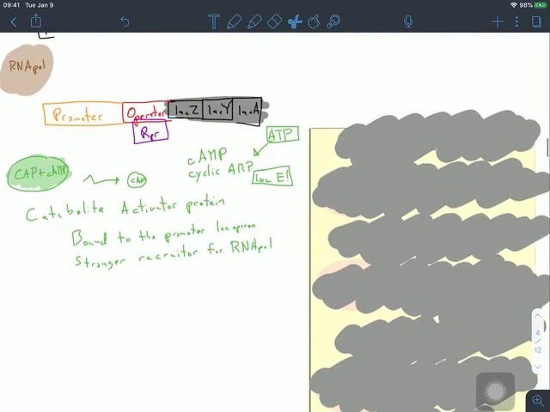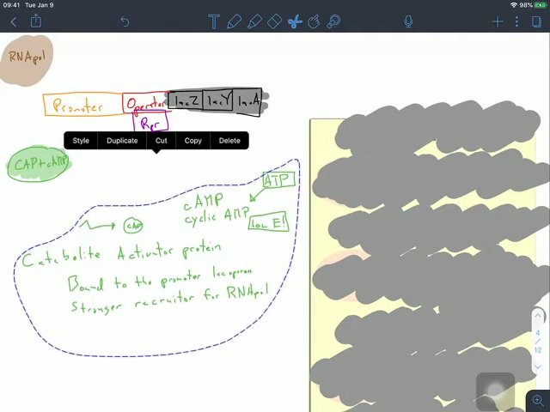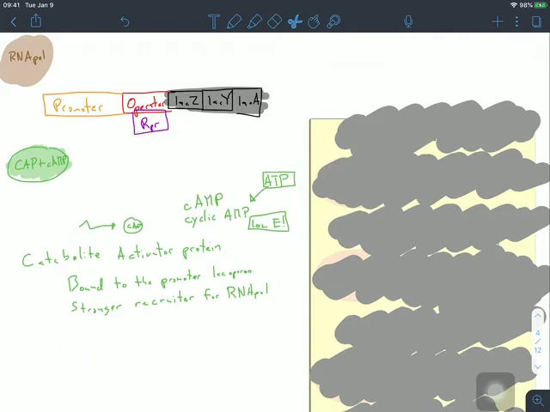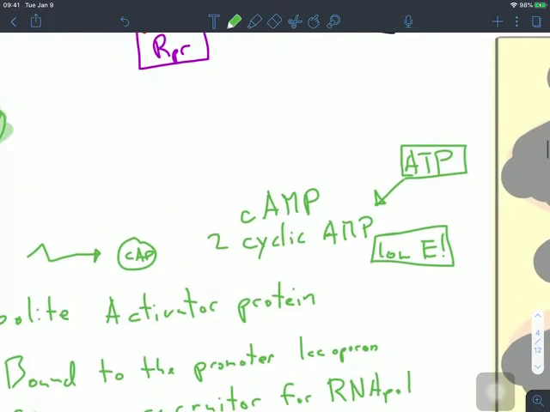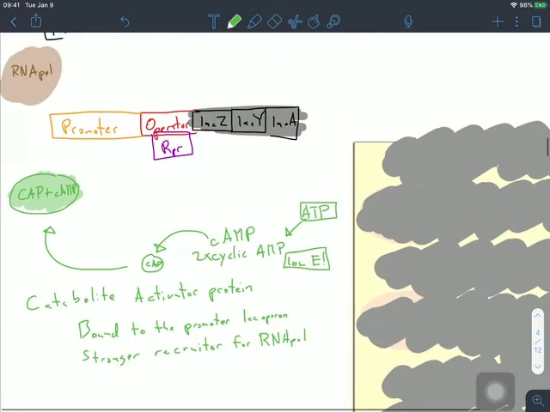You've got to get us some food, and fast. Now, just like with our tryptophan situation, you actually need two cyclic AMP to bind with CAP in order to make CAP-cAMP. So two molecules here as well. Just coincidence, no particular reason behind that.